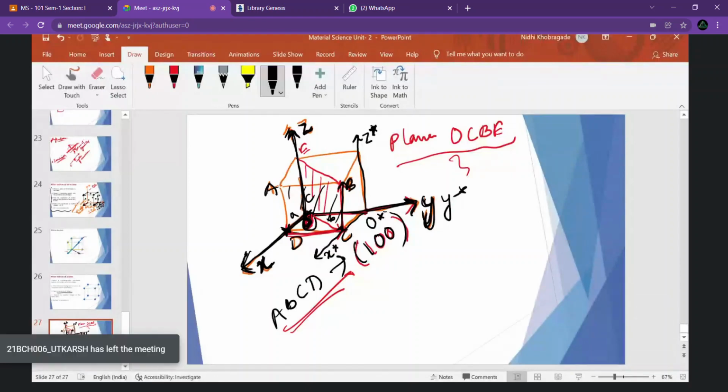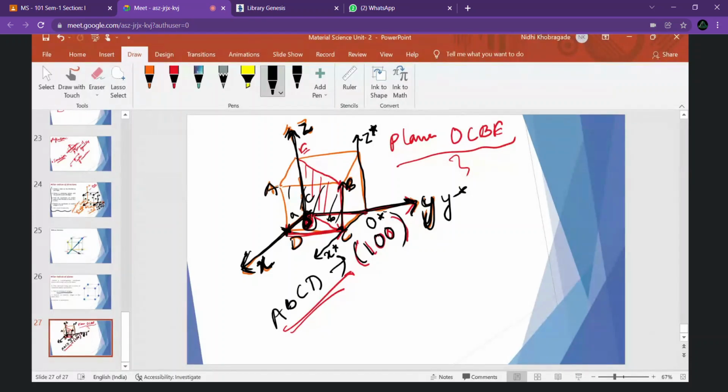So X star is parallel to X, Y star is parallel to Y, while Z star is parallel to Z, because we have to relate the Miller indices of this new plane with our original plane, that is ABCD. Now the next step is to find the intercepts for this plane, OCBE.